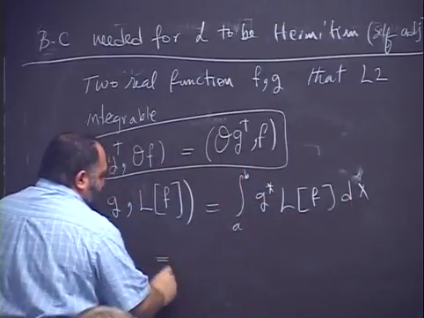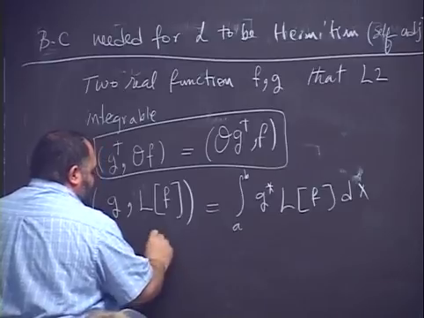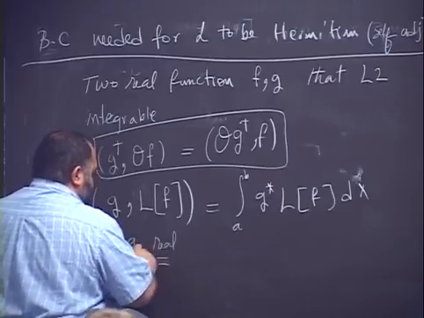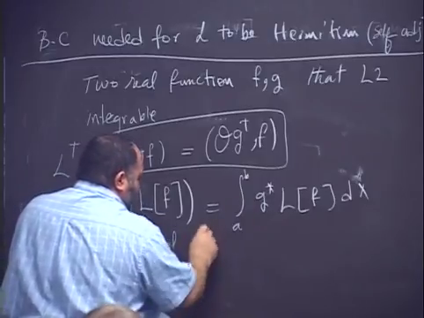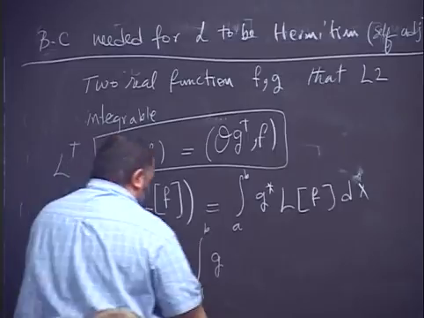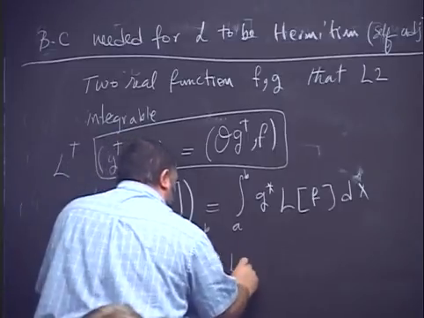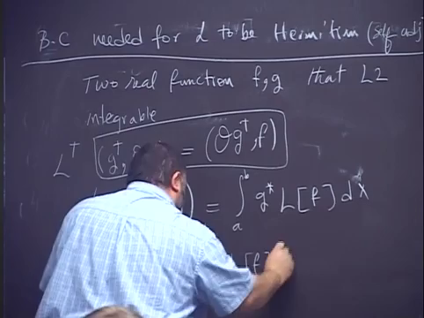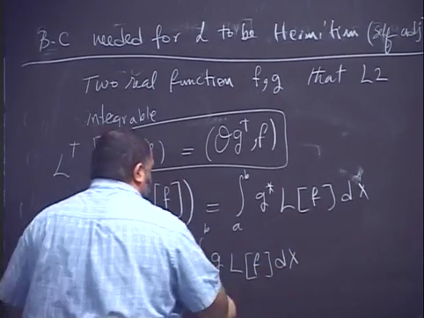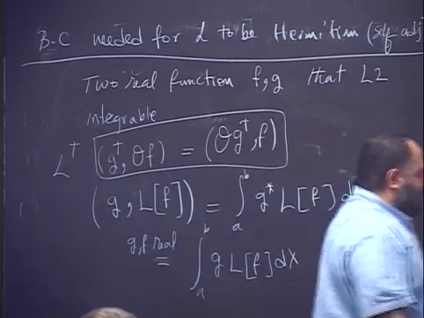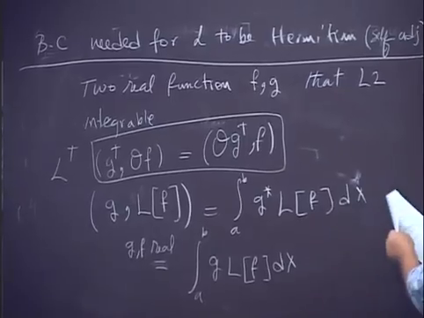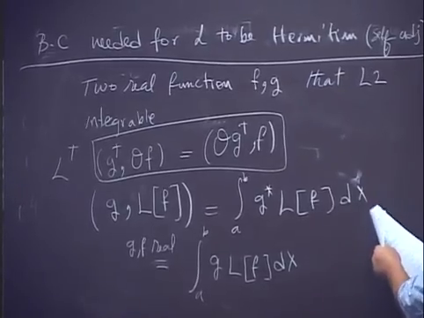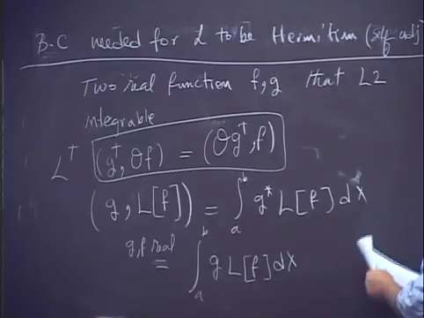But we knew that g and f are real, so the complex conjugate of g will be the same function g, multiplied by L operated over f dx. Again, we will do the same as last time, and we will do the integration by parts, so this will give us the integration from a to b.